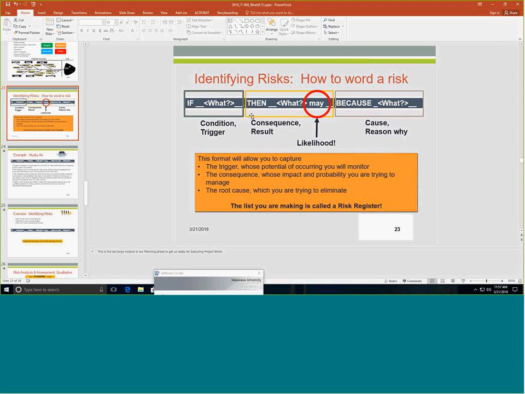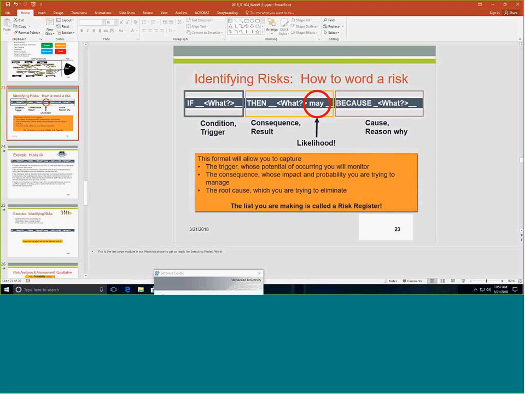Then understand what the actual consequence is, which goes into the then part of the sentence. It's important to include the verb may, and then we want to understand what the cause might be.